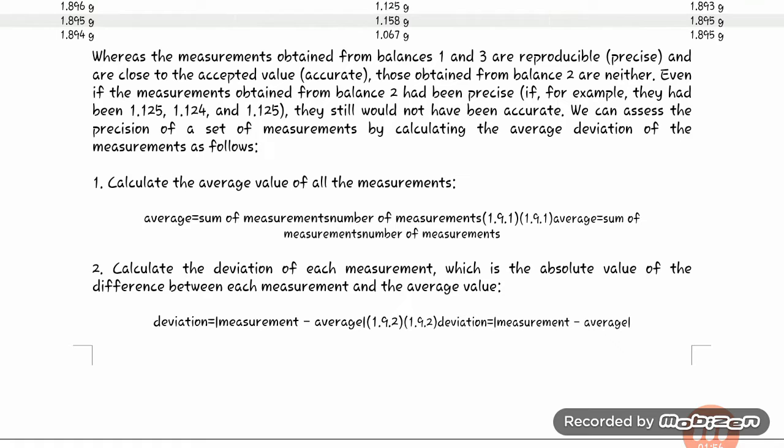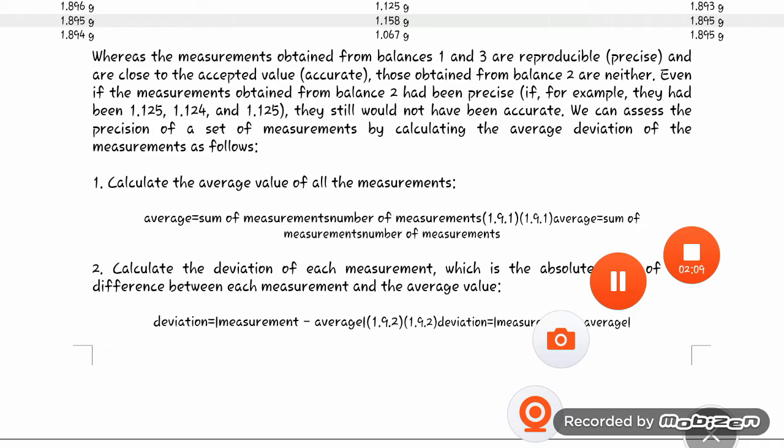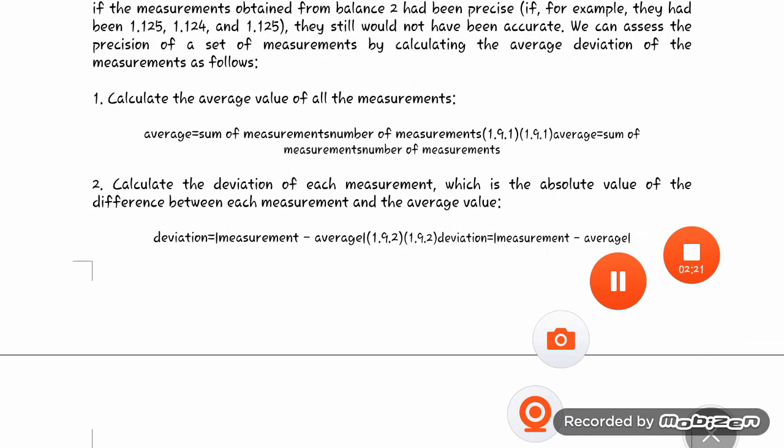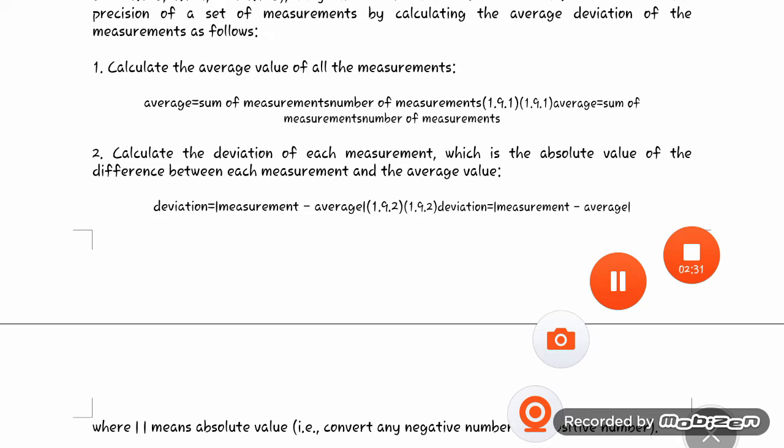So first, calculate the average value of all the measurements. The average equals the sum of measurements divided by the number of measurements. Next, calculate the deviation of each measurement, which is the absolute value of the difference between each measurement and the average value.